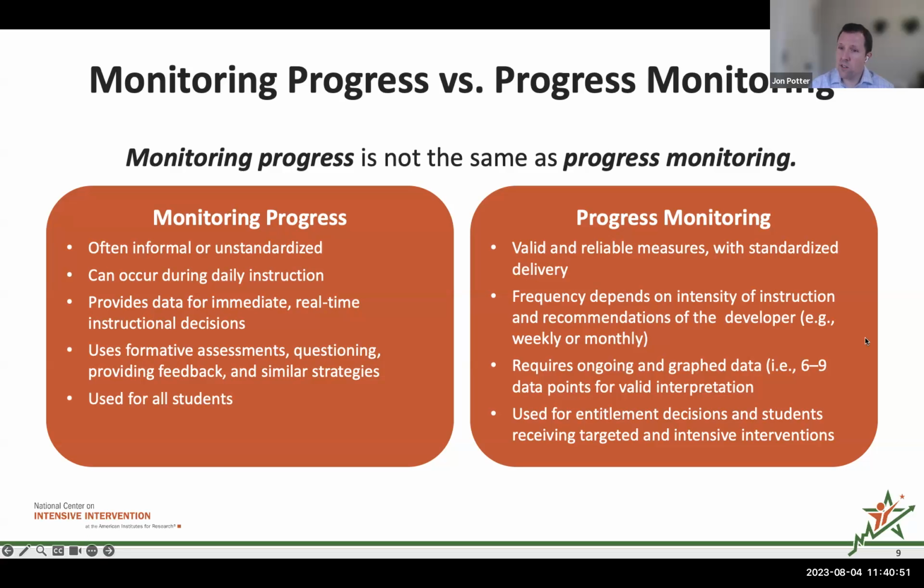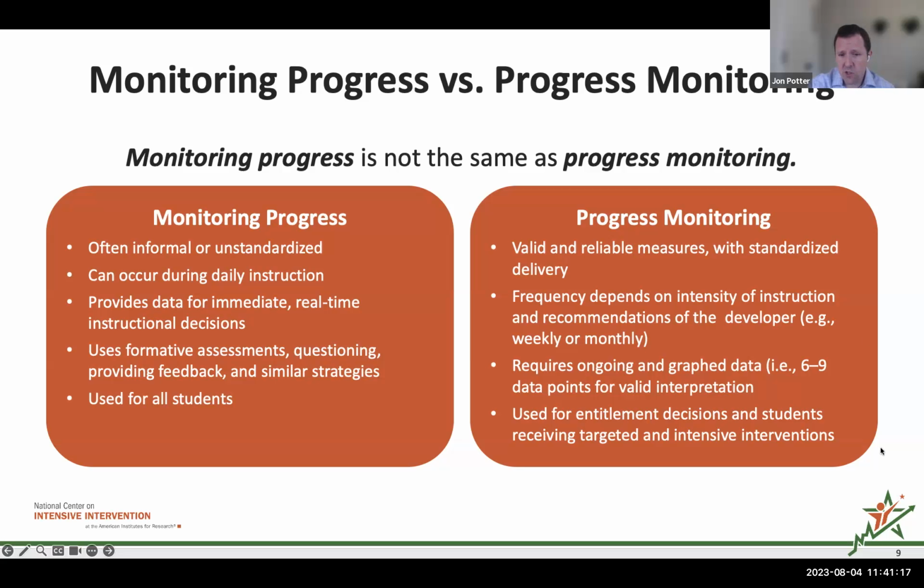We don't want to overcompensate due to one data point, because it could be a bad data point or it could be a good data point. But really, progress monitoring is about looking at a trend of data over multiple weeks to make sure kids are either headed in the right direction, hopefully, or if they're not, that we can modify and intensify our intervention supports to make sure that they head in a better direction.